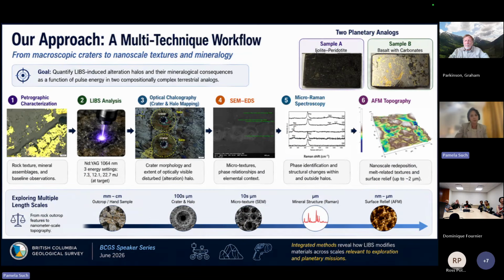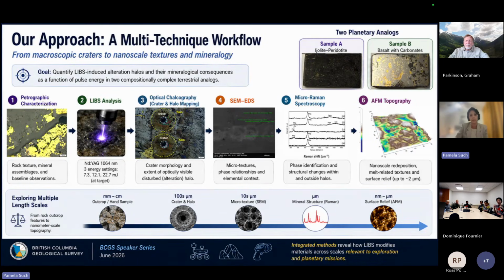So our approach was a multi-technique workflow. We moved from the macroscopic to the nanoscale using a set of four different instruments. I'm going to explain more about the samples we chose and why in a few minutes.